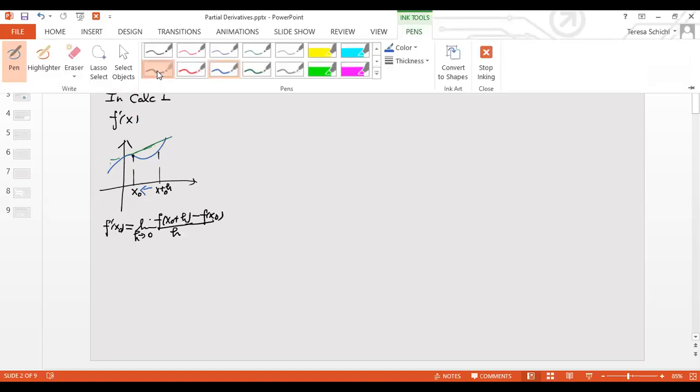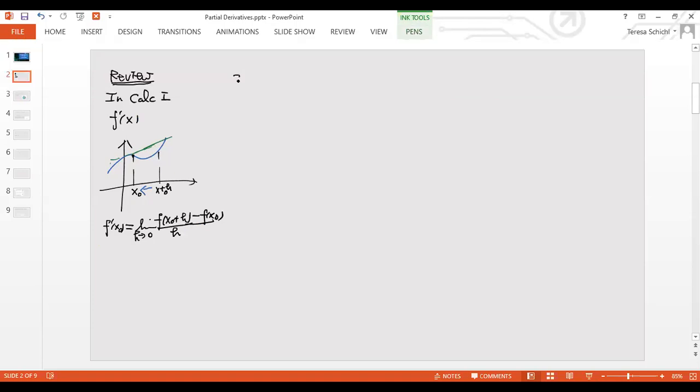Now in Calculus 3, in this section, when we talk about the partial derivative, if you still remember, we have z as a function of x and y, f of x, y.